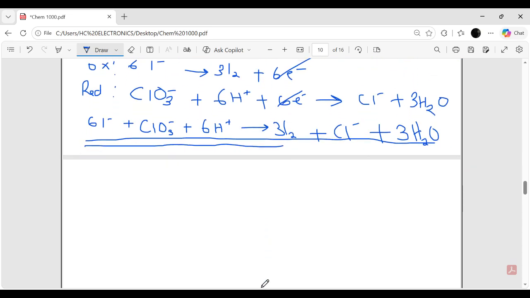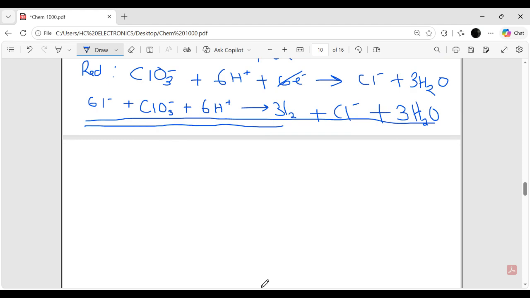So now I'll use this same example to solve also for basic, so that we don't waste a lot of time starting to solve again. Every time they tell you to balance a redox reaction in basic medium, the first thing you need to do is to balance it under acidic conditions.